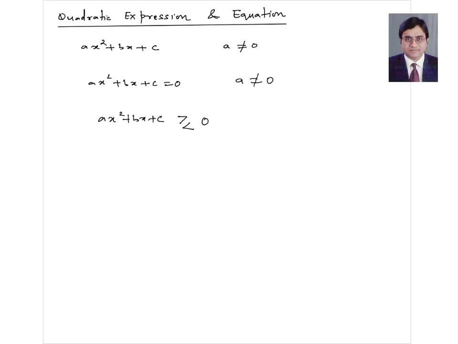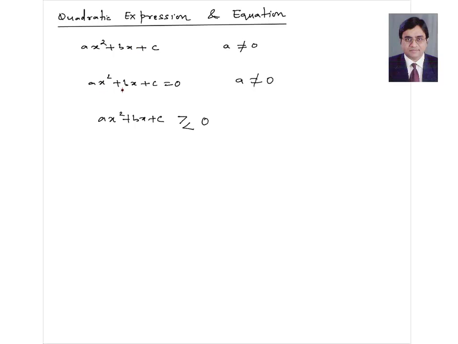An expression has got zeros. Zeros of an expression are those values of x that make it 0. So if alpha is the 0 of the polynomial, then if I put alpha here, automatically it will become 0.